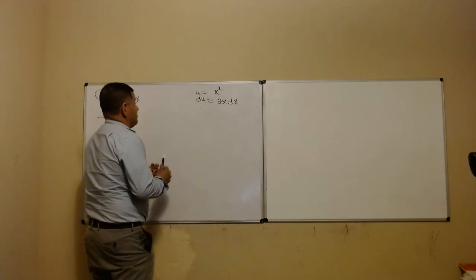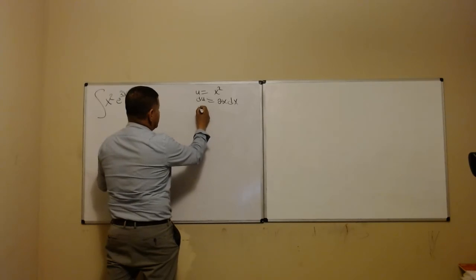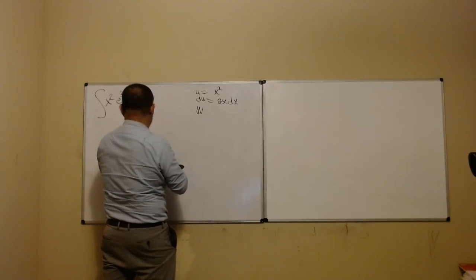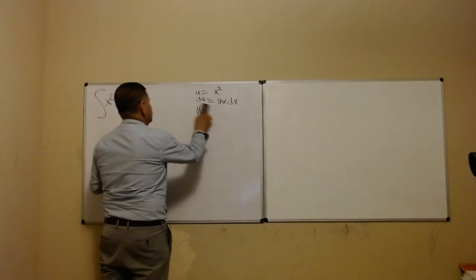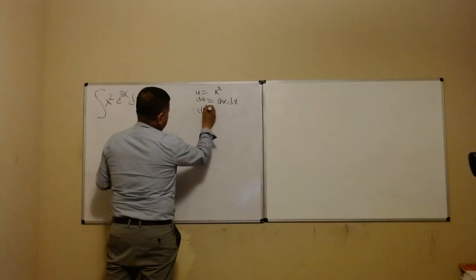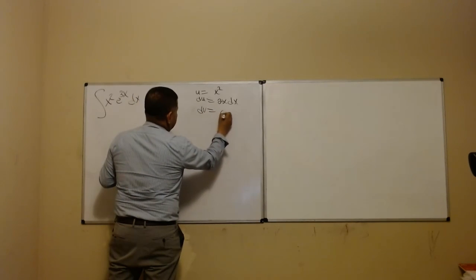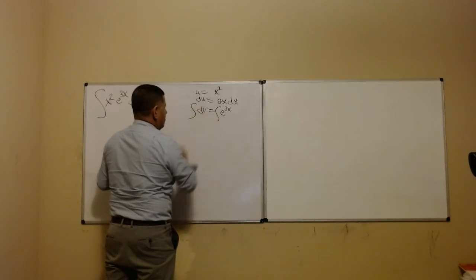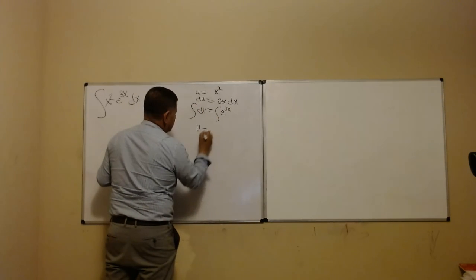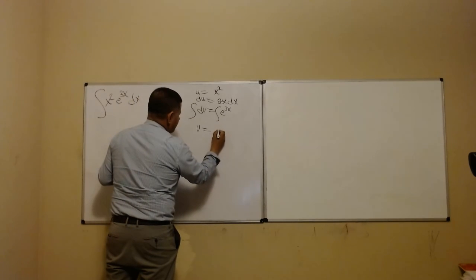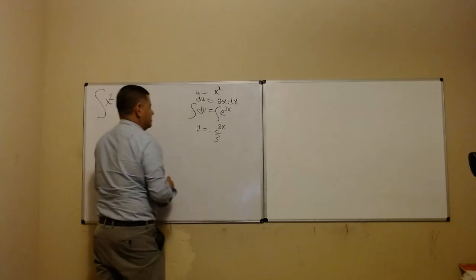Then we let dv equal e to the 3x dx. Integrating both sides, we get v is equal to e to the 3x over 3.